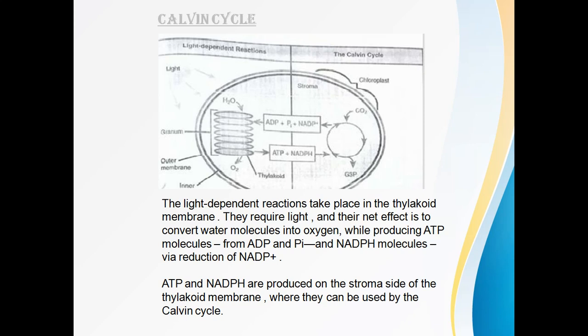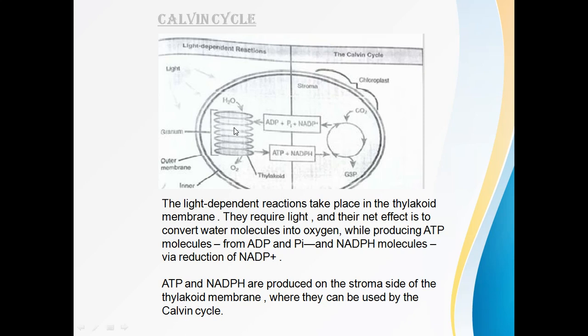So mainly the leaves are the places which perform photosynthesis, and the leaves have cells called mesophyll cells, and the mesophyll cells contain the chloroplast. The chloroplast cell organelle will perform the process of photosynthesis. The structure of the chloroplast and its diagram we have discussed in our previous classes.